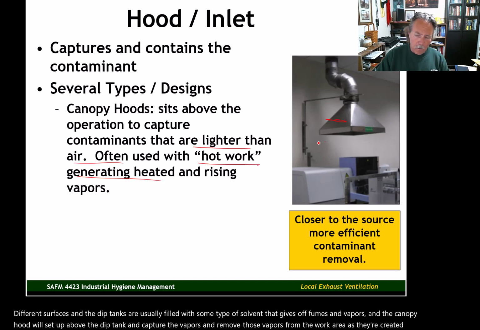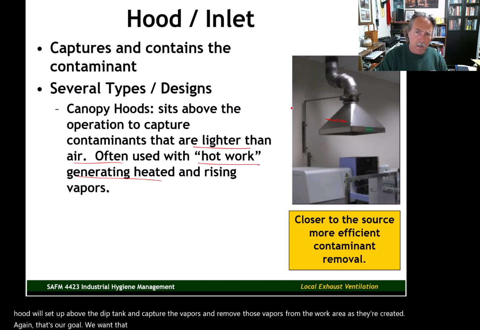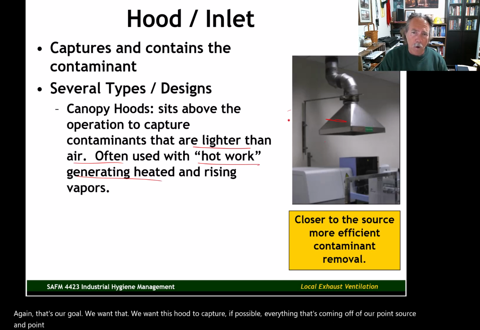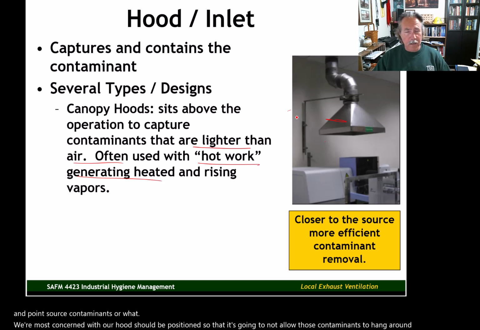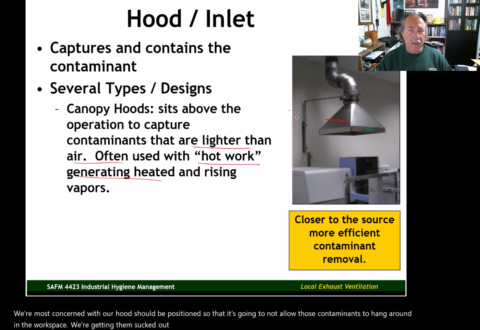Again, that's our goal. We want this hood to capture, if possible, everything that's coming off of our point source. Point source contaminants are what we're most concerned with. Our hood should be positioned so that it's not going to allow those contaminants to hang around in the workspace. We're getting them sucked out as soon as they develop.